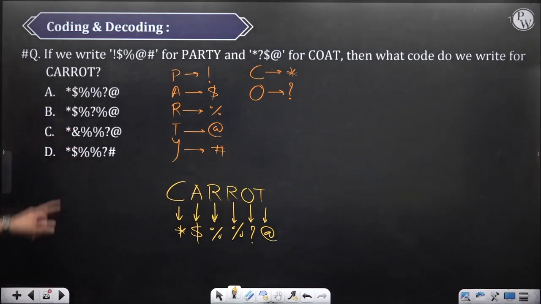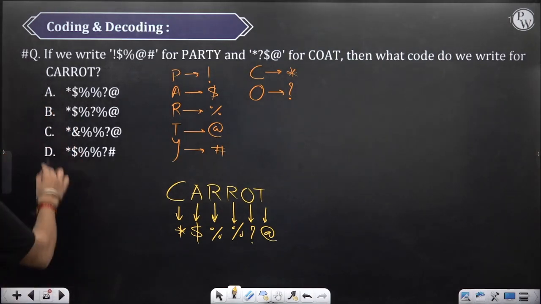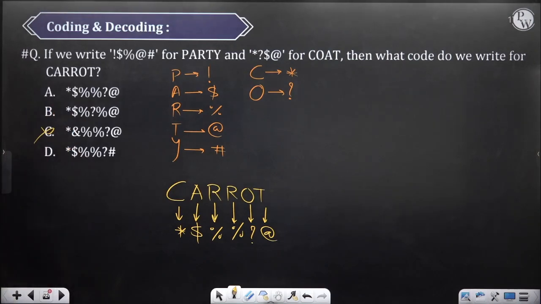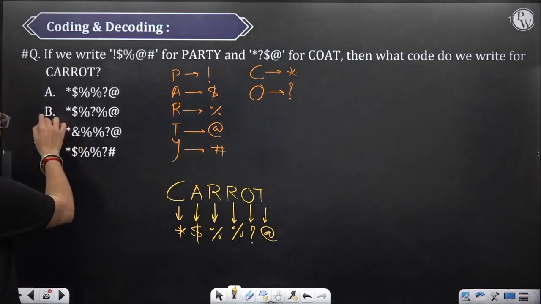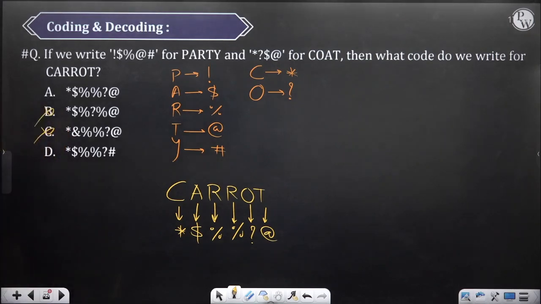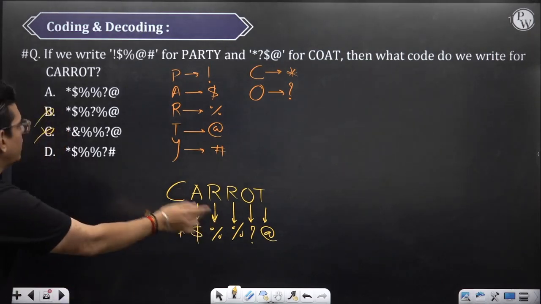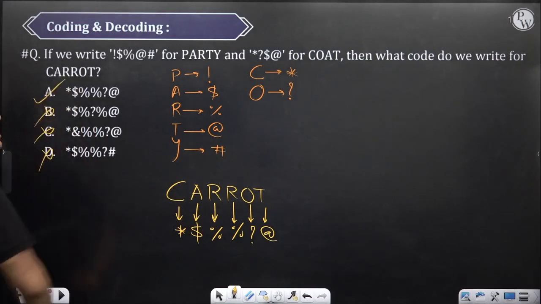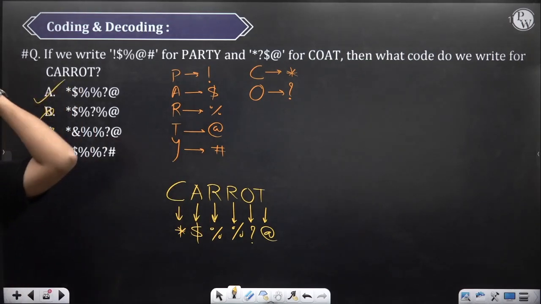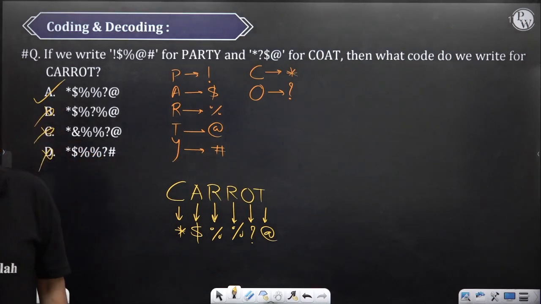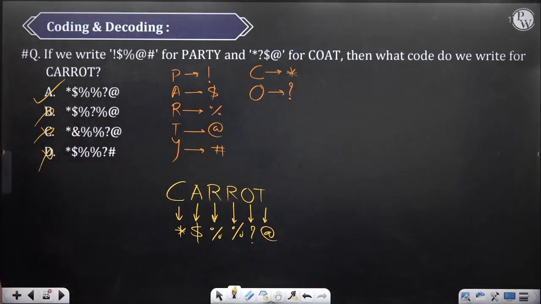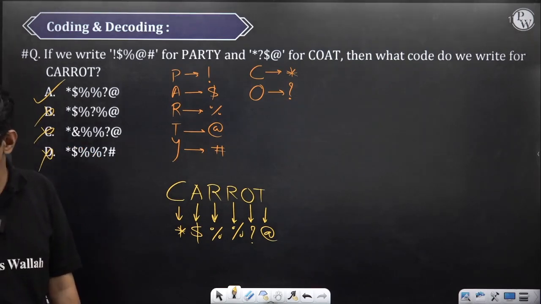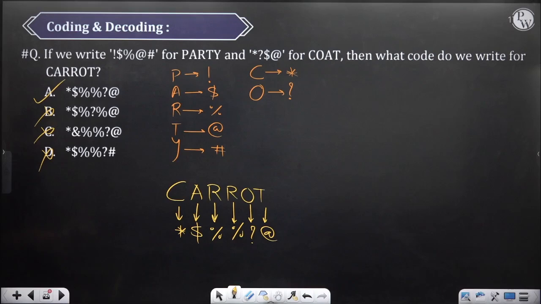I need star at the first, dollar at the second. So this is not it. Percentage after that, so this is also not it. Question mark and at the rate at the end. So this is not it. This is our answer. These are simple types of questions. Let's solve one more from this, and then we will move to deciphering type of coding and decoding.